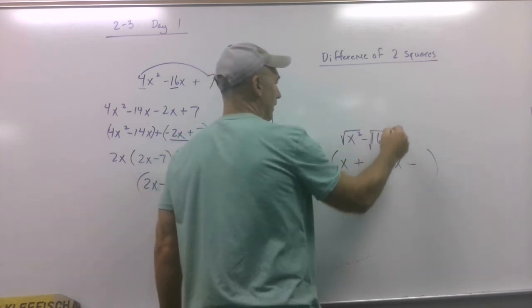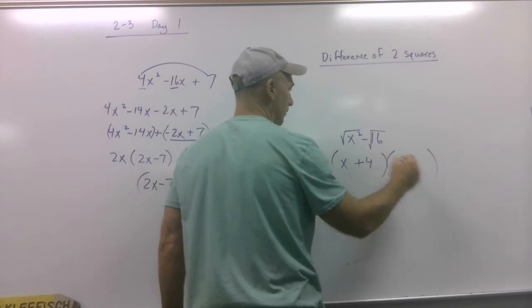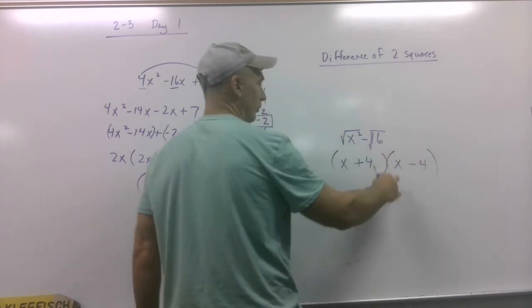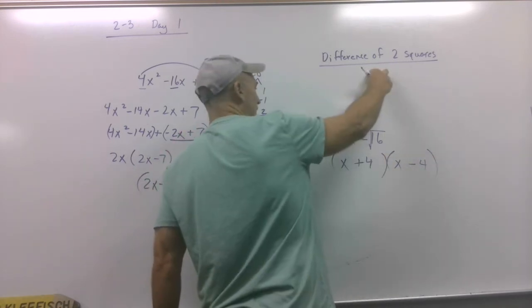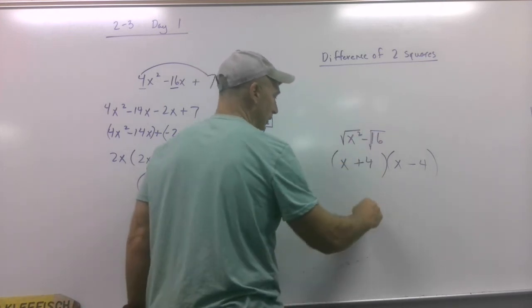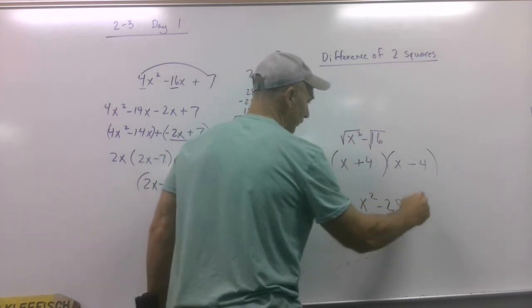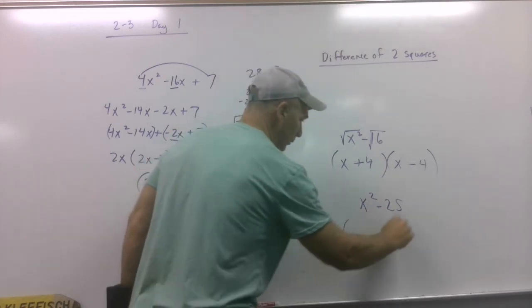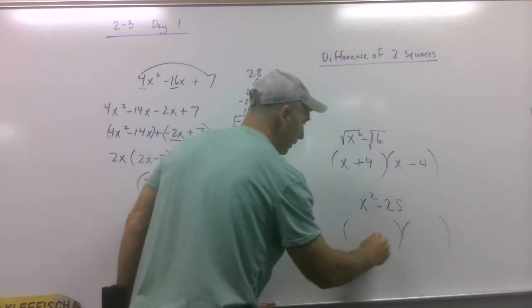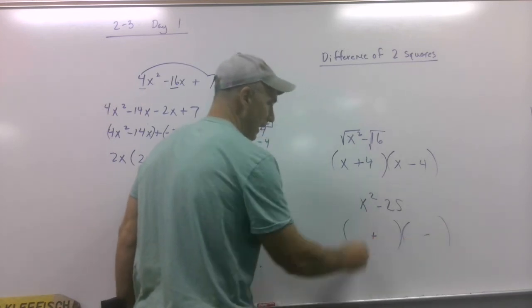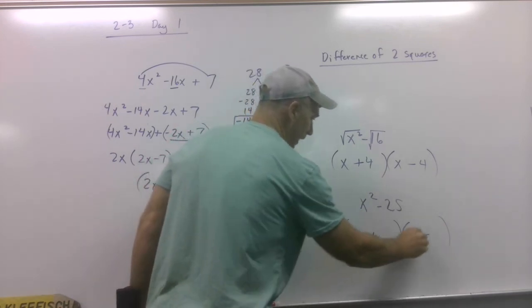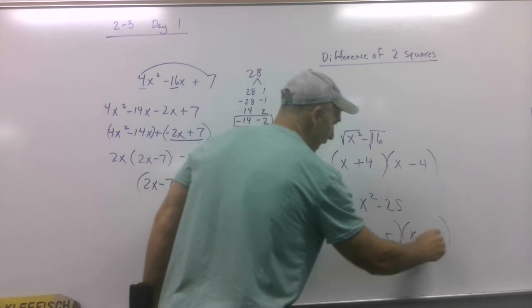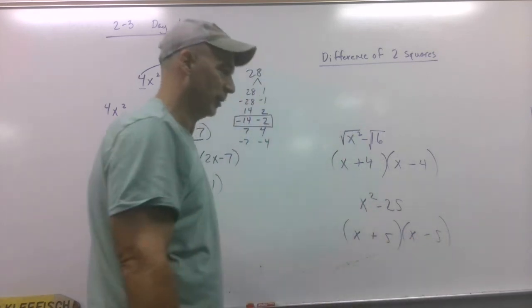Take the square root of the second term, put your answer there. Notice we got what we had originally. And so what you have to be looking for is a difference of two squares. So there's a different one. And you would stick with the program. One's a plus, one's a minus. And square root of x squared is x. Square root of 25 is 5. And you're done. You factor them.